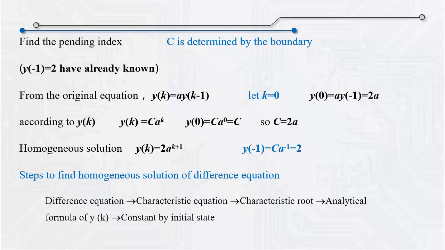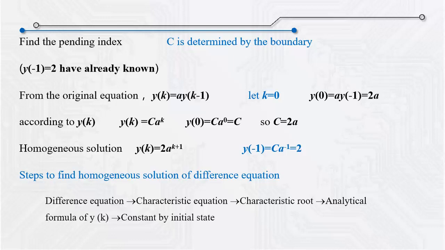So let's summarize the steps to find the homogeneous solution to a difference equation. The characteristic equation is determined from the difference equation. We can solve for the characteristic root, and the form of the characteristic root determines the homogeneous solution of the difference equation.